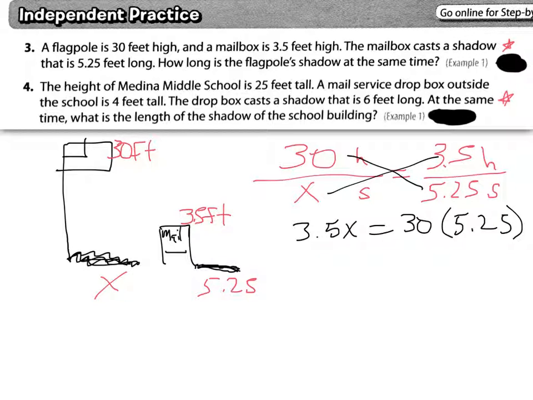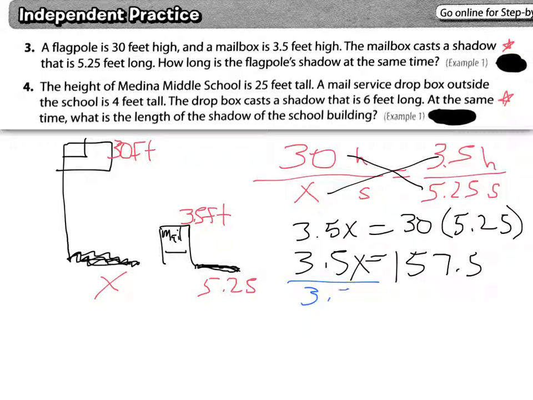Okay, let me get my calculator out and see what that comes to. So 30 times 5.25 equals 157.5, equals 3.5x.